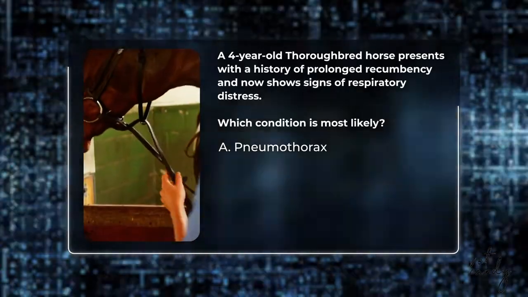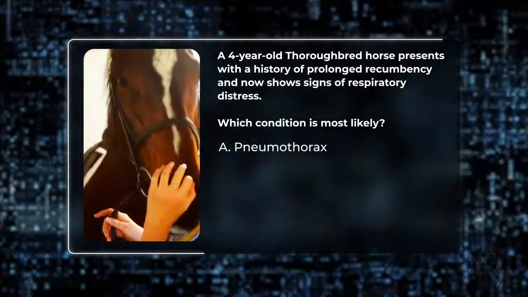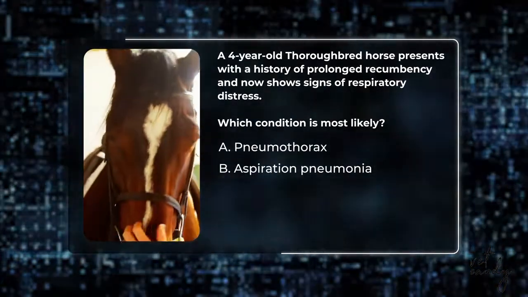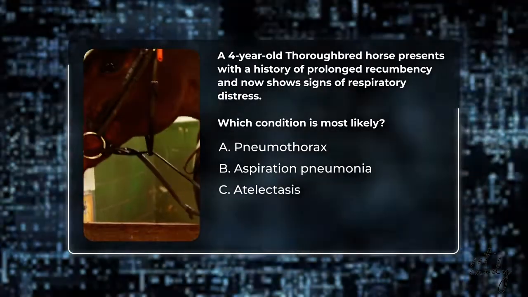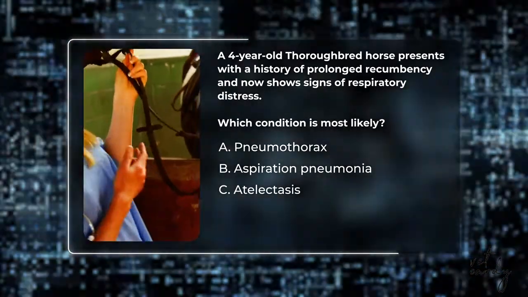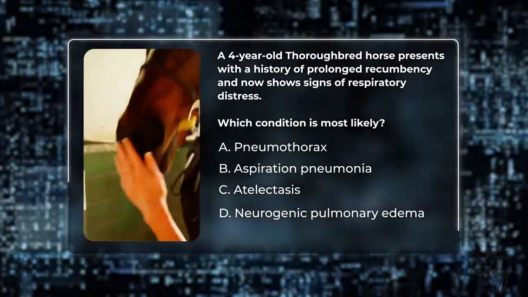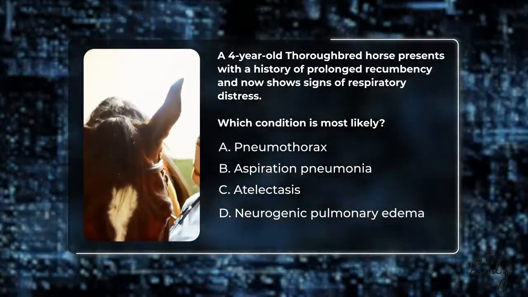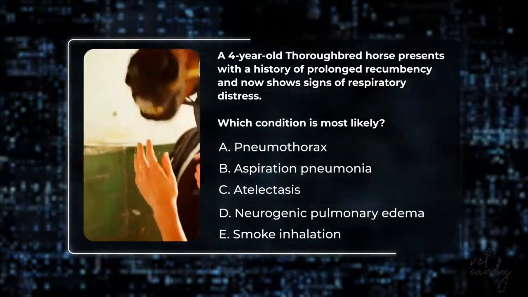Is it A, pneumothorax, accumulation of air in the pleural space, B, aspiration pneumonia, inhalation of foreign material, C, atelectasis, collapse of alveoli due to prolonged recumbency, D, neurogenic pulmonary edema, fluid accumulation due to head trauma, or E, smoke inhalation, inhalation of toxic fumes.